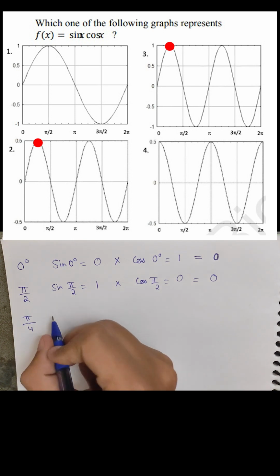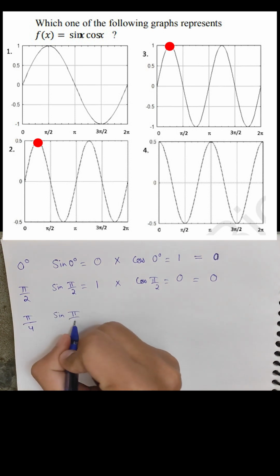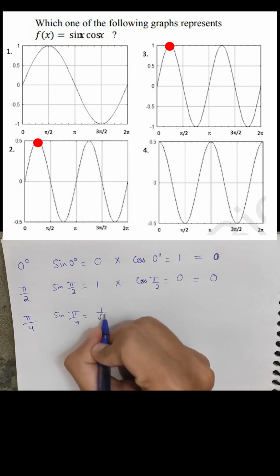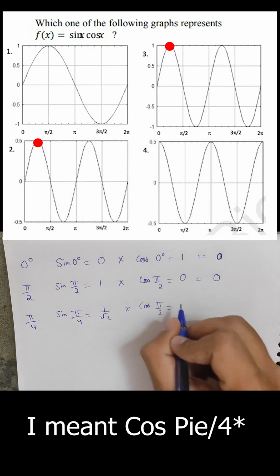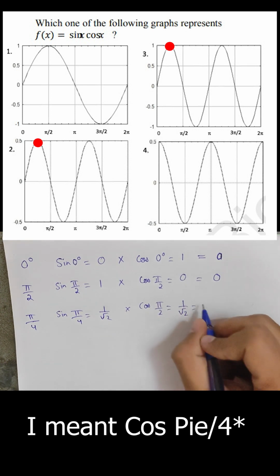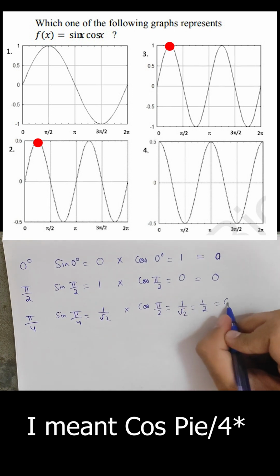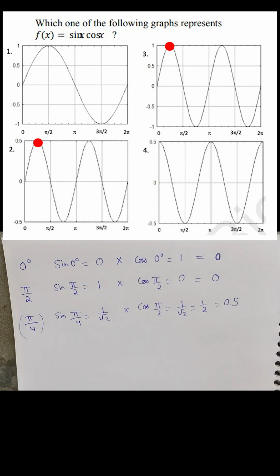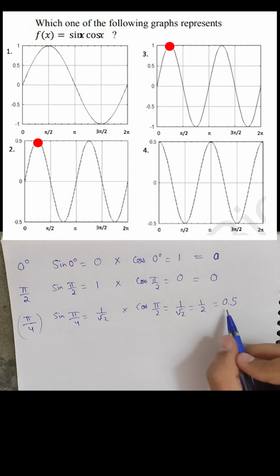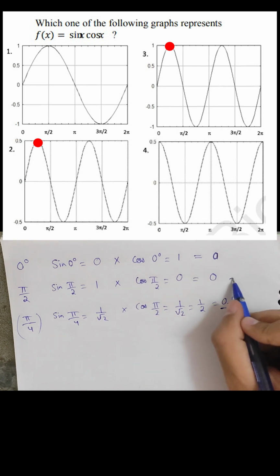Sine pi by 4 is equal to 1 by root 2 and cos pi by 4 is also equal to 1 by root 2, so the product is 1 by 2, which is equal to 0.5. So at pi by 4, which is here, the peak should be 0.5. So the correct option is option 2.